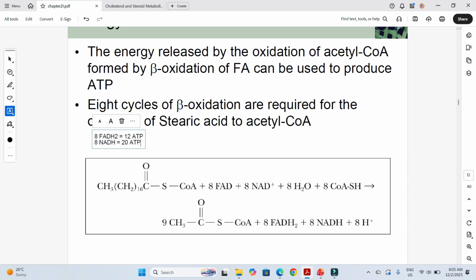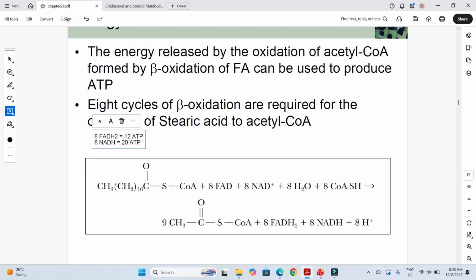Do you remember in the past what happens to acetyl-CoA? Acetyl-CoA is oxidized via the Krebs cycle, right? The oxidation of acetyl-CoA in one round of the Krebs cycle produces 3 NADH, 1 FADH2, and 1 GTP. So 3 NADH, 3 times 2.5, that's 7.5. 1 FADH2, that's 1.5. So 7.5 plus 1.5, that's going to be 9. 1 GTP is equivalent to 1 ATP, so 10.